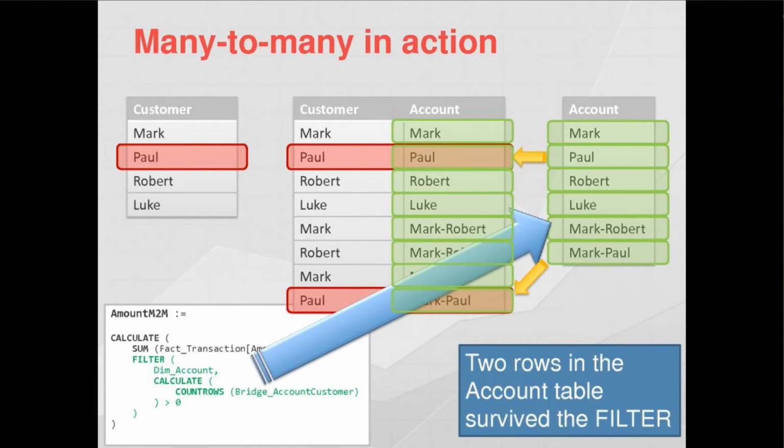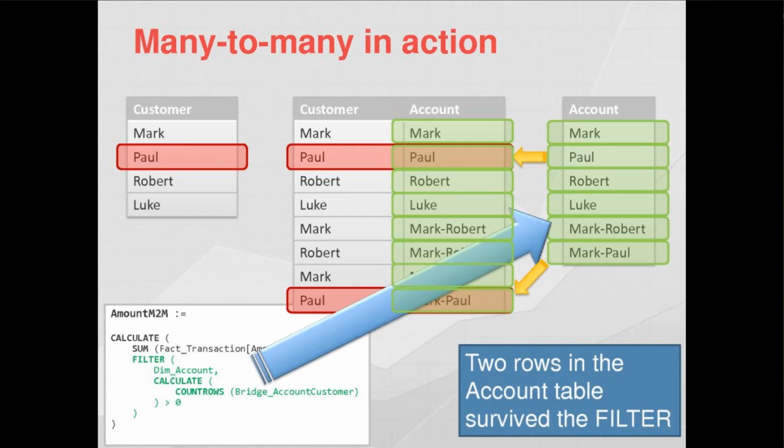Now, we have a better formula. And let's try to use it. We start the same. We start with Paul, then the filter is automatically propagated there. We have the correct formula, it's green, so we know it's correct, that has a new calculate here. And we do the same as before.